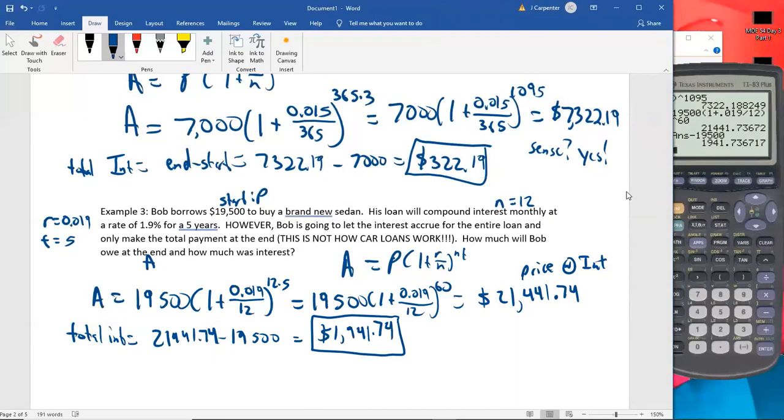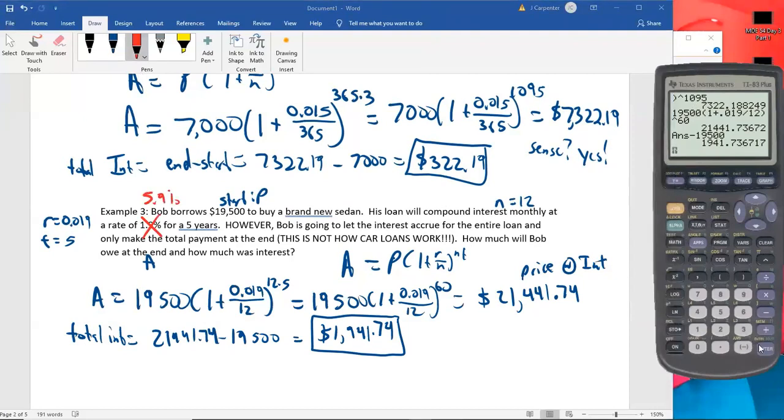If you make this instead of a 1.9% loan, I'm not going to show every single layer of detail. I'm just going to say, what if this had been a 5.9% loan? So I can go back to this previous problem. I can just hit second enter twice to call back that formula, and I'm just going to change the 0.019 to a 0.059. So this is a significantly higher loan.